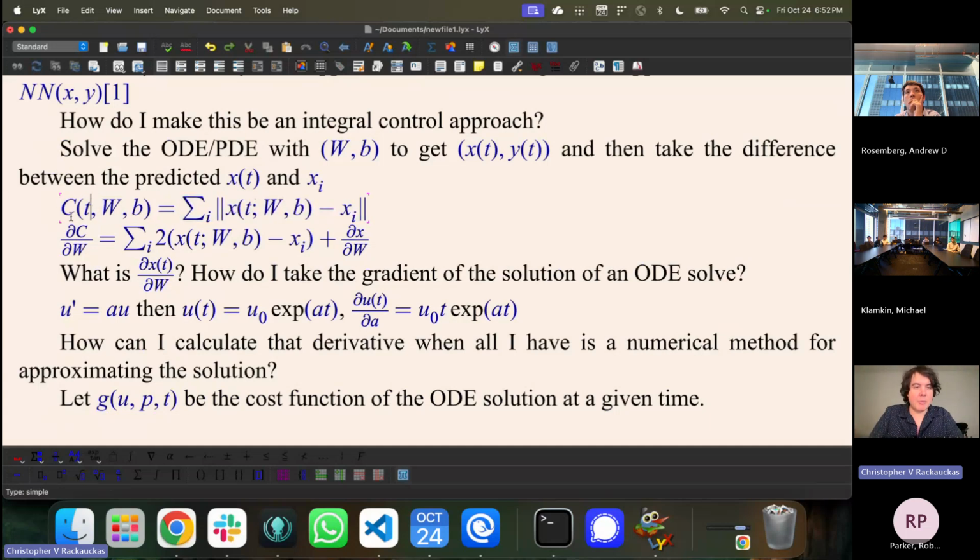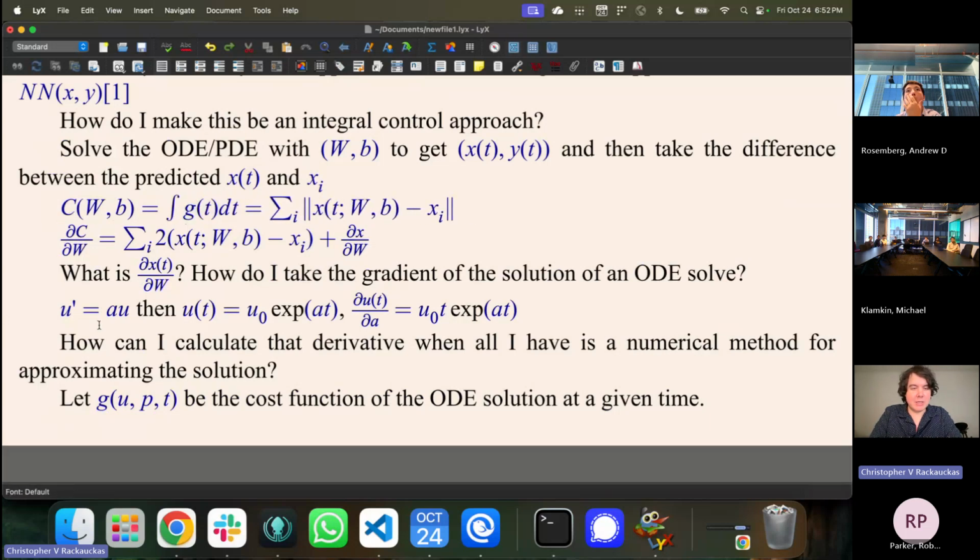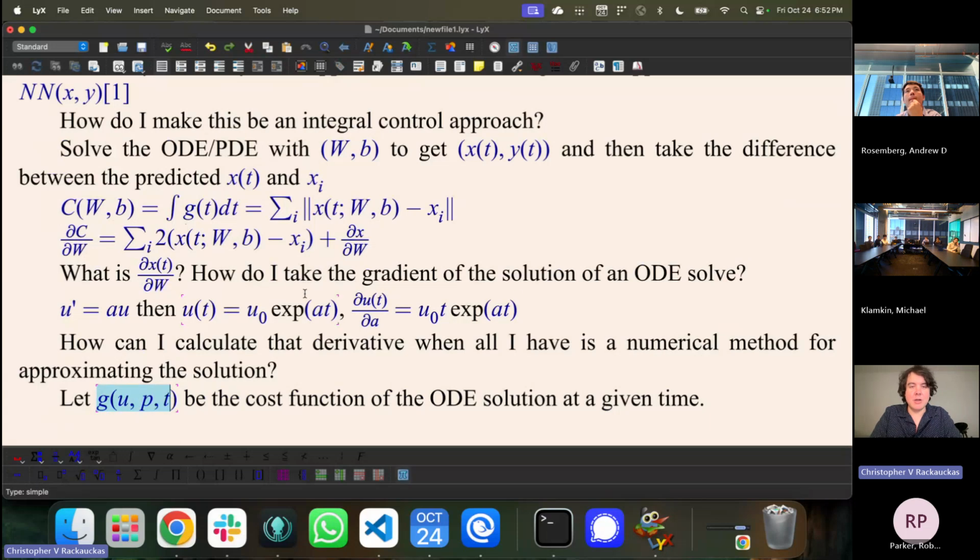I'm going to call this g. I'm going to sum up over all time points, well, it can't really sum up over all time points because time is a continuous thing, and so you do the integral of this dt, right? So this is what this g(t) is, an instantaneous cost function.